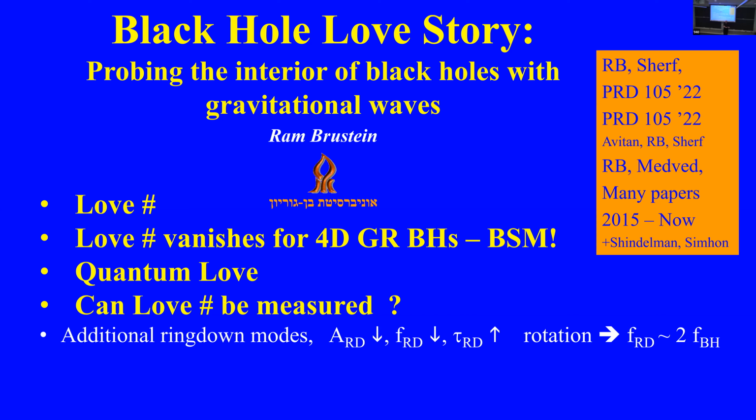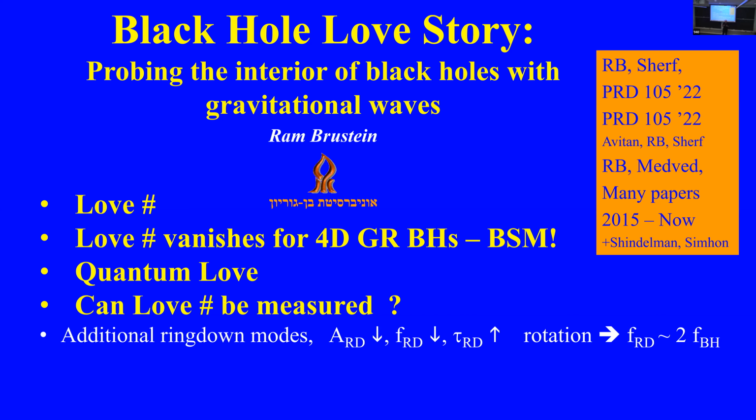Now, for the quasi-normal modes, what happens is that you have, as I mentioned initially, the standard quasi-normal mode coming out on a time scale of a Schwarzschild radius after the merger. And these additional modes depend on whether the final object is rotating or not.